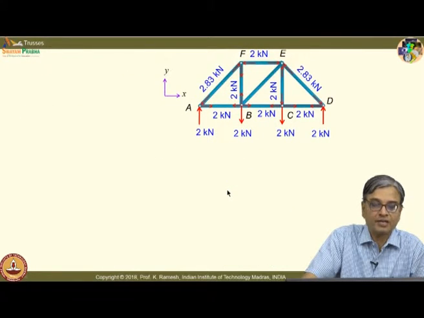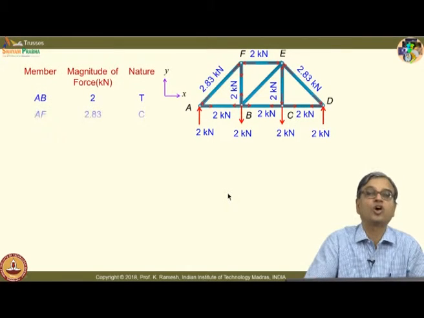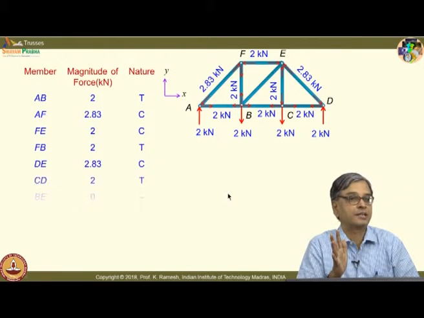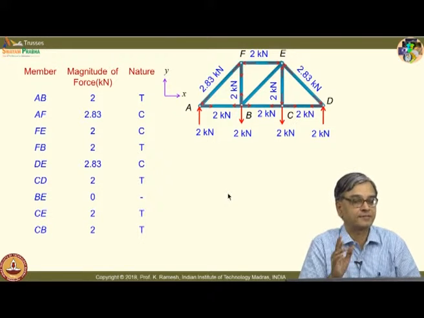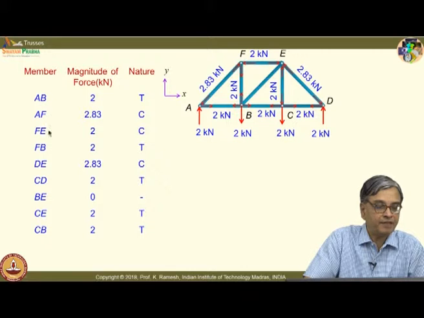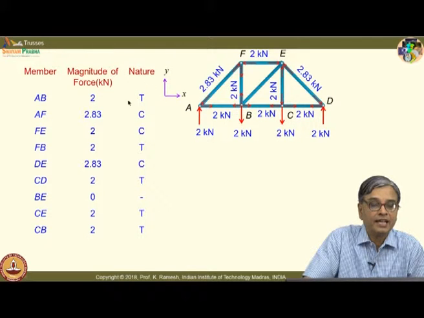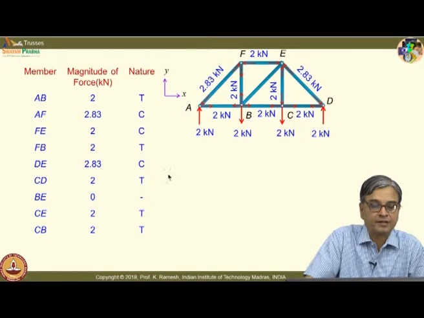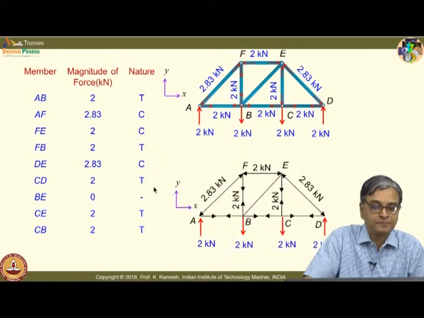and this is how the final result is normally summarized in a truss analysis. So, I have members AB, AF and so on and so forth, and you have the values, and you also have the nature of the forces, whether it is tension or compression, and you also have which member is under zero force marked separately.